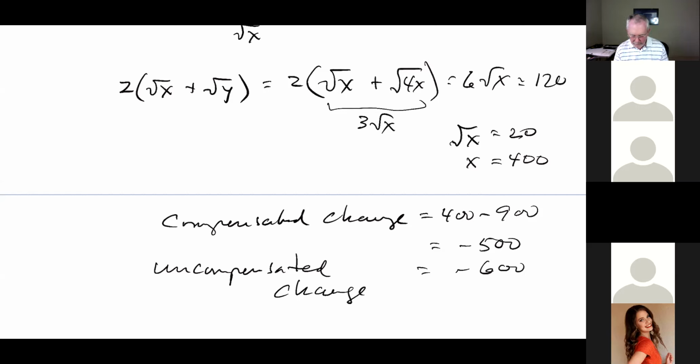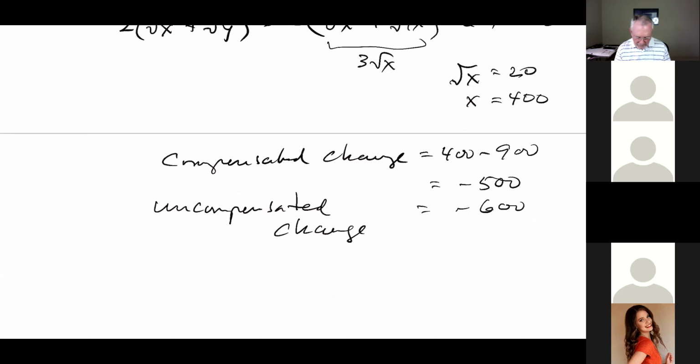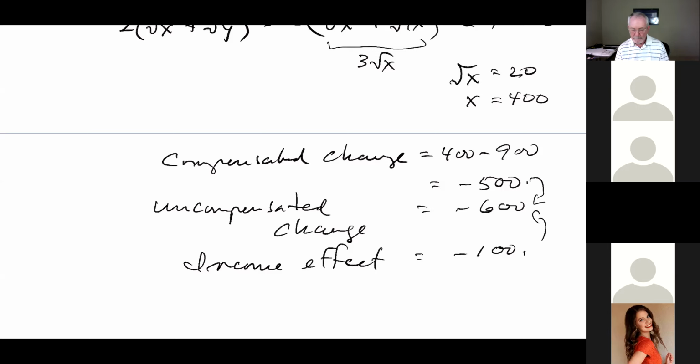It went from 900 to 300. So the residual here, the only thing left over, what we haven't accounted for, is the income effect. And since the substitution or compensated change and the income effect have to add up to the uncompensated change, that must mean the income effect is minus 100. So this plus this equals that. That's 600.